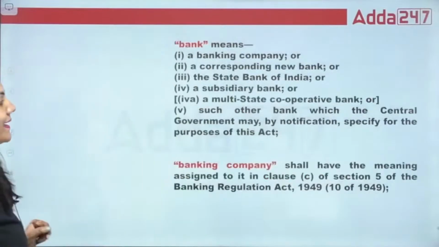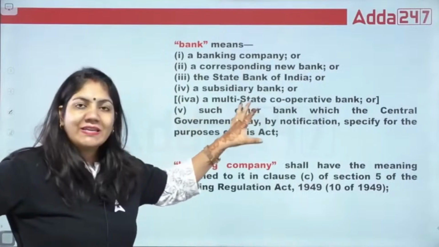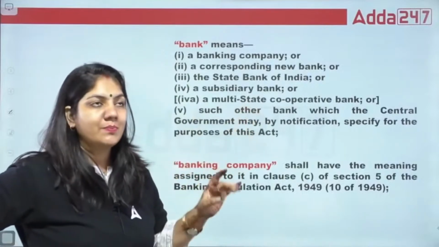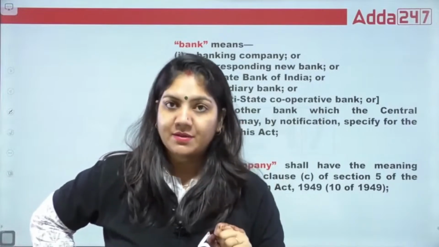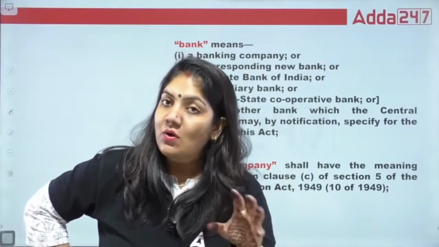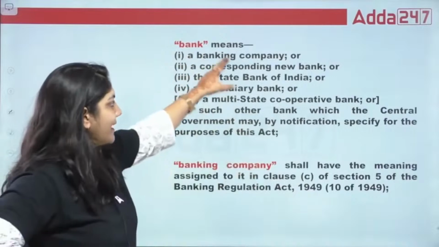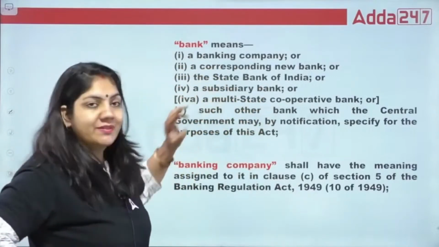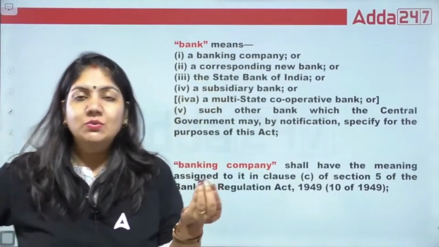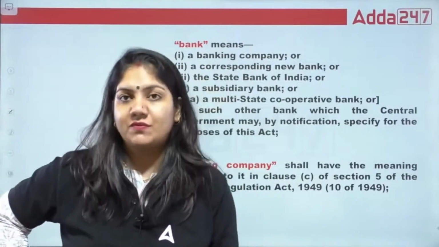Now, what is bank? You can easily see that in your BRBL, 70 plus questions come in the way of one-liner. You can assume what kind of questions can come from the definition of the bank. Suppose 4 options will be there and you have to tick mark which word is under the definition of bank.